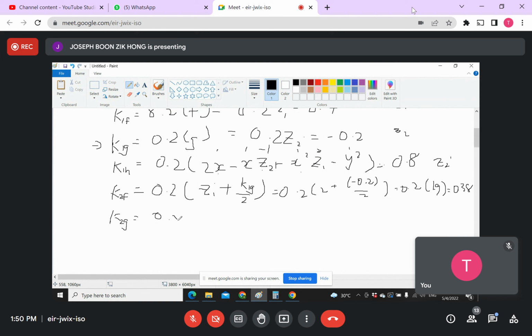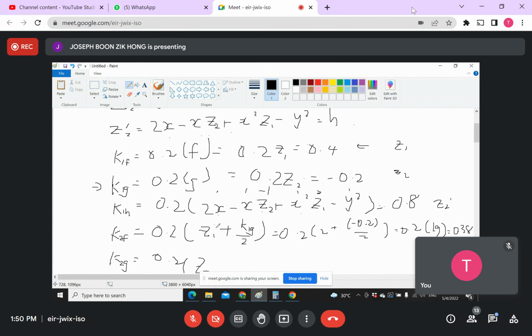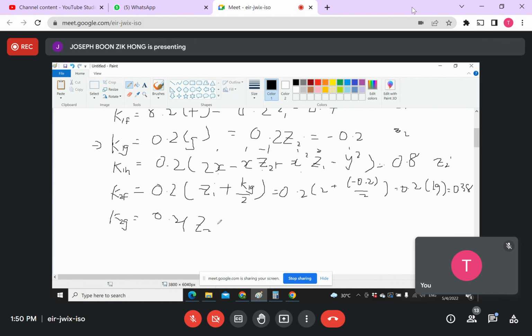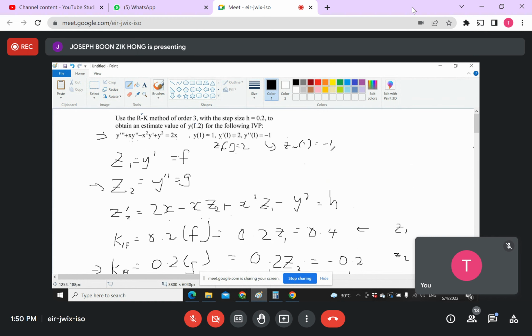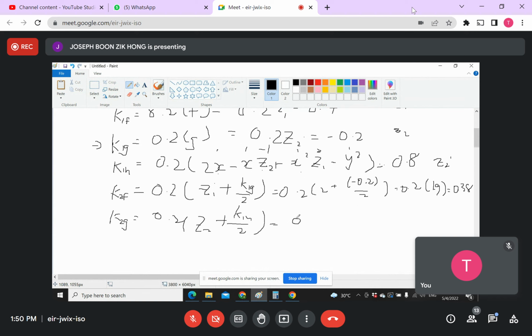K2G will be 0.2 times your Z2, because it's always following the formula of G here, but you have to plus your K1H divided by 2. So Z2 just now is -1. So 0.2 times -1 plus your K1H is 0.8.